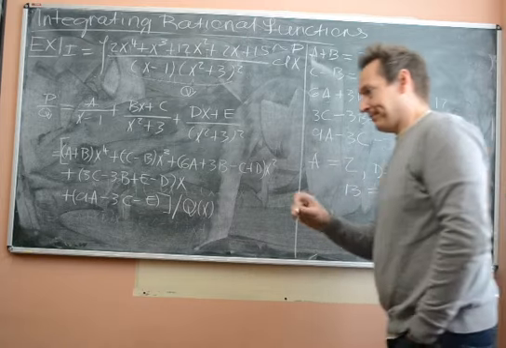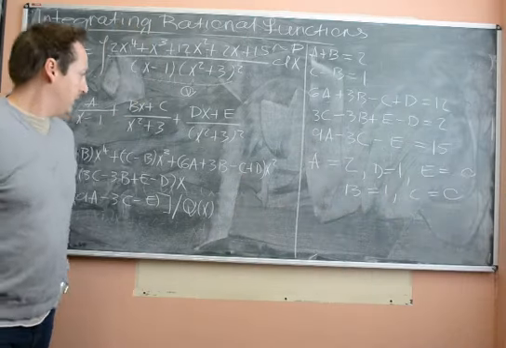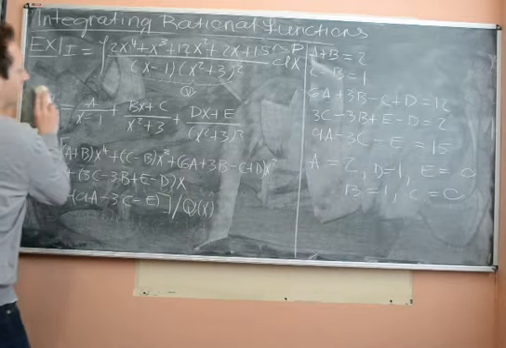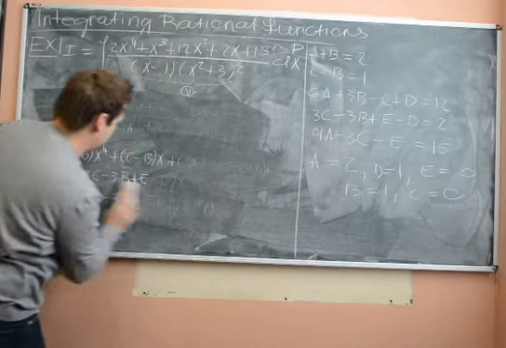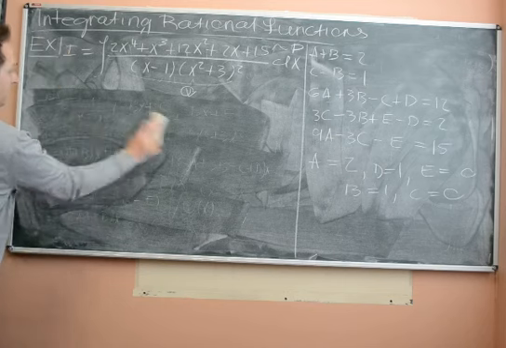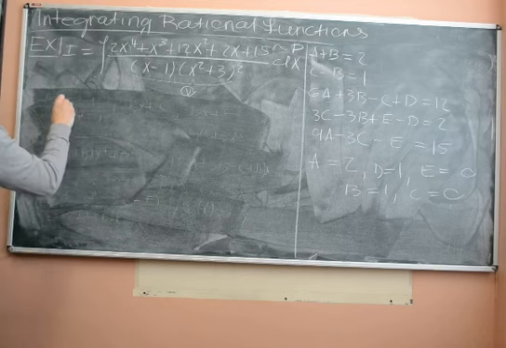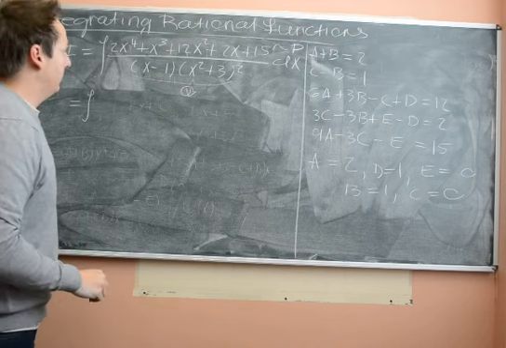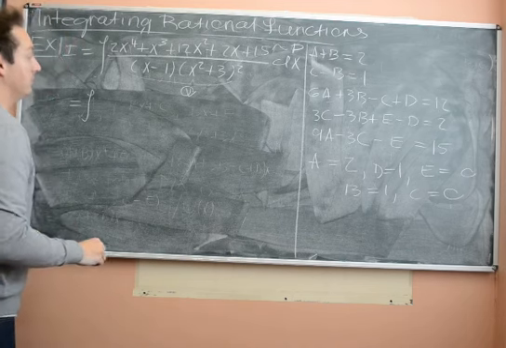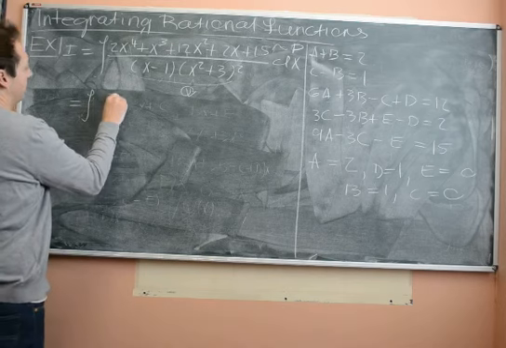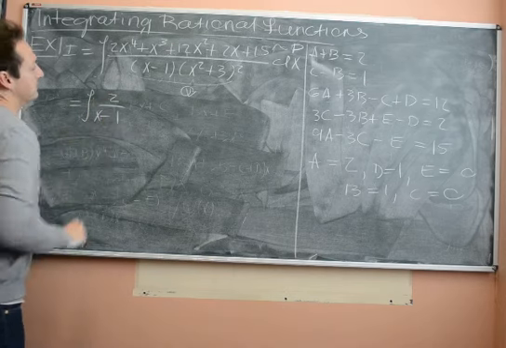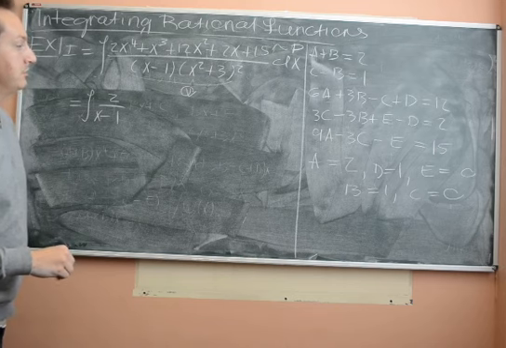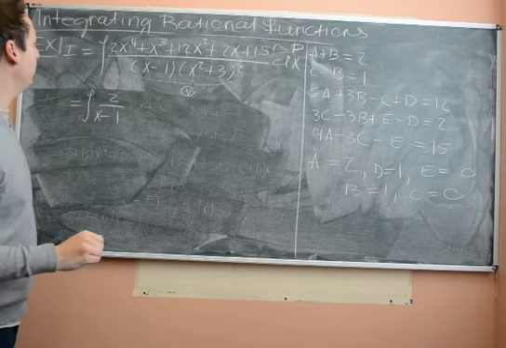Let's now see if we write down the integral. This integral becomes the integral of, we have a equals 2, so that's 2 over x minus 1. And then we have c and e equal to 0, d and b both equal 1.